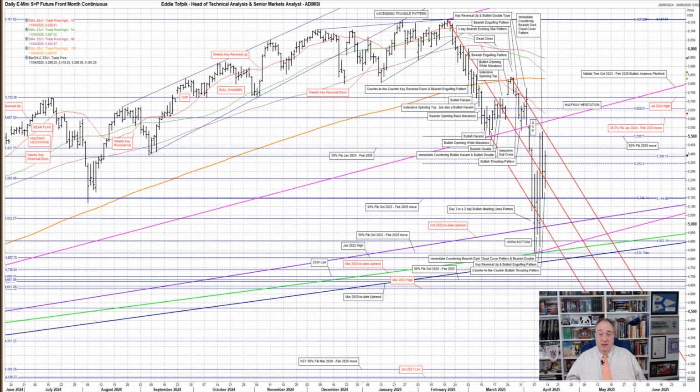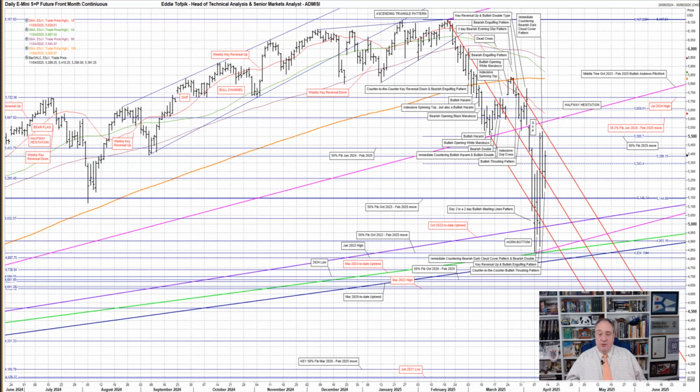These were, in no particular order, they still are: 1. A 2-day bullish meeting lines pattern, immediately countered, but featured 2, also prompting a combined key reversal up and bullish engulfing pattern that ended up as being part of feature 3, a 3-day horn bottom.